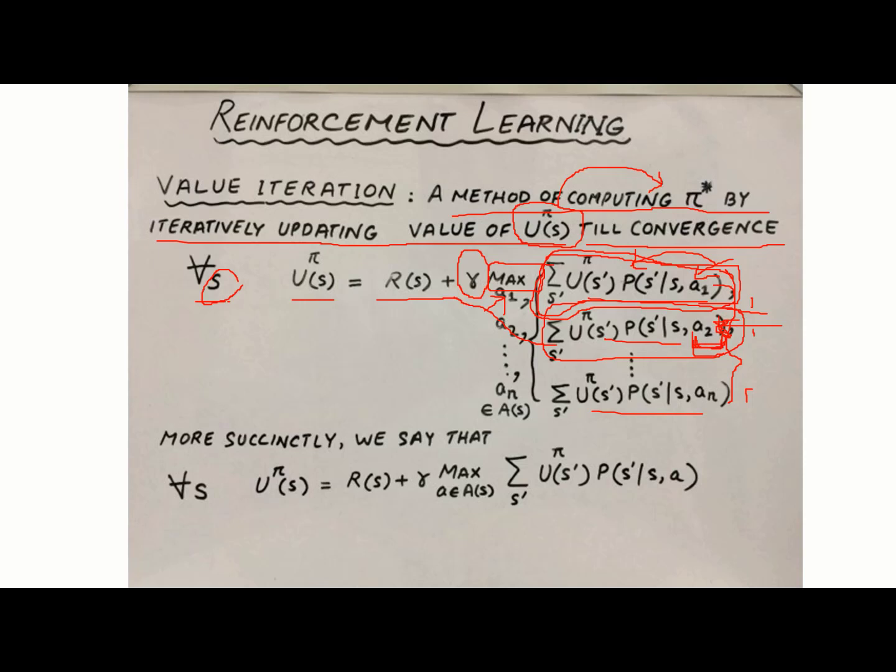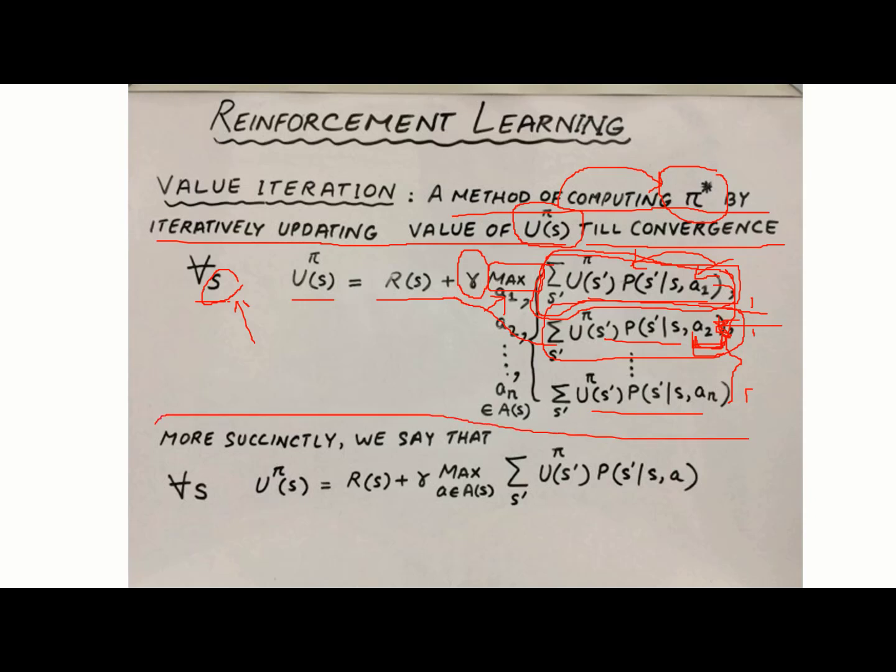So we do this for all the states. We calculate U pi of s and we note what actions gave us the maximum values of the accumulated reward for each state, and that's how we compute the policy, because policy is just the list of best possible actions for all the states.